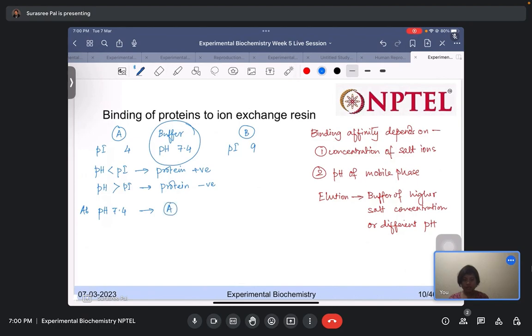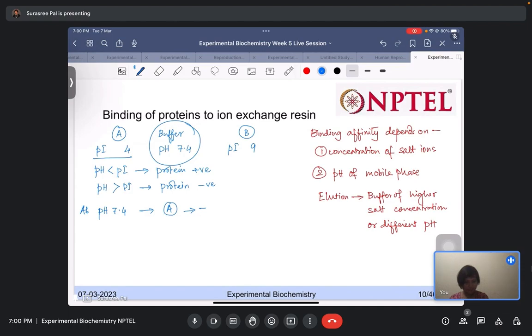So at pH 7.4, the pI of protein A is 4, so pH is greater than pI.